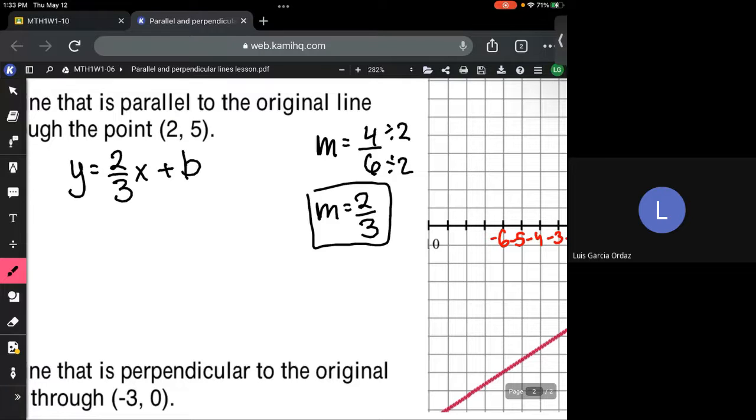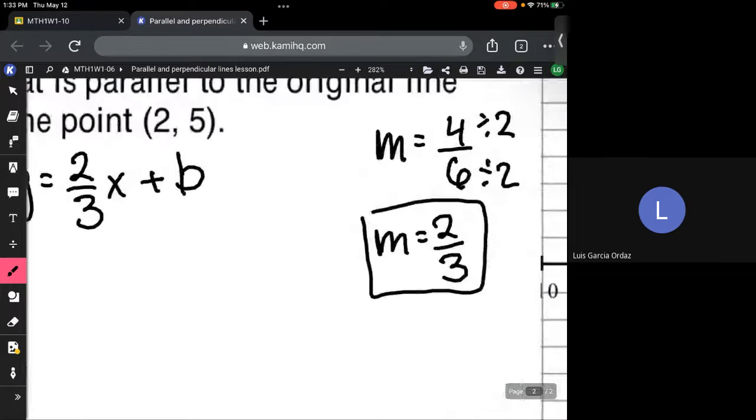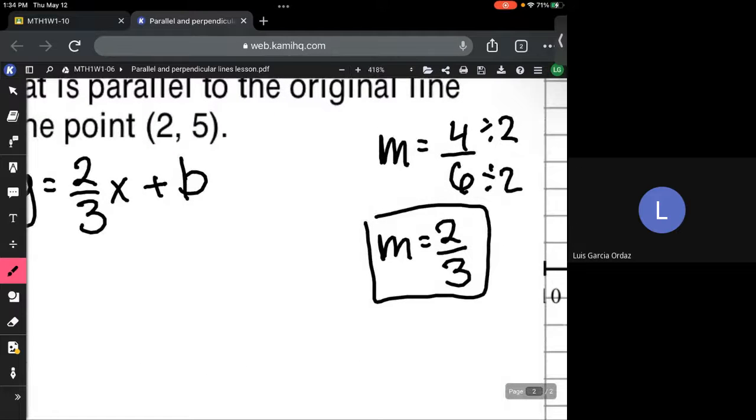How am I going to figure out b? What do I have to do with that 2 and 5? Yazin, want to take a guess? No? Gian? Yep. So 2 is x and 5 is y.